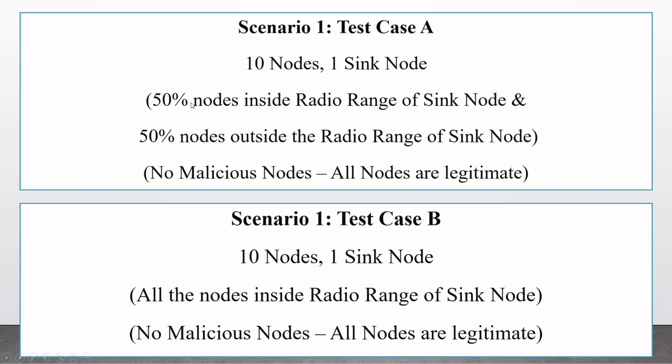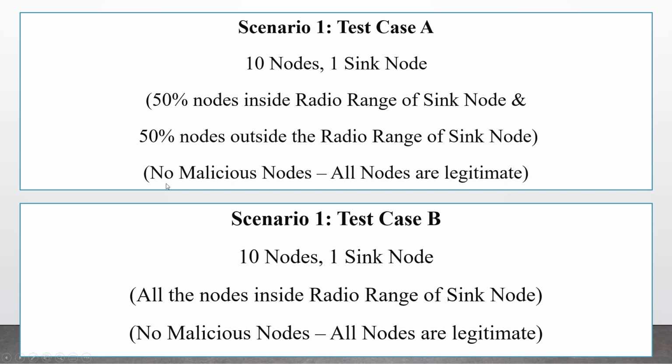That means 5 nodes are going to communicate directly with the sink node. The remaining 50% of the nodes I'm going to keep outside the radio range of the sink node, so they cannot communicate directly with the sink node. They are going to communicate through the other nodes.